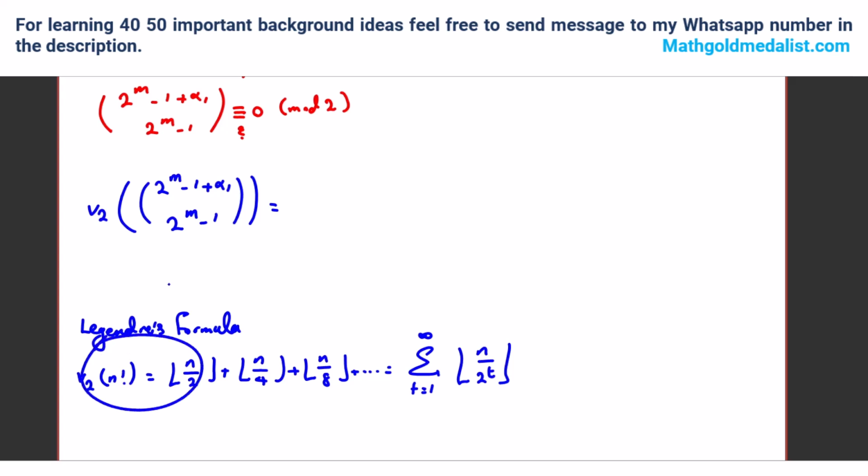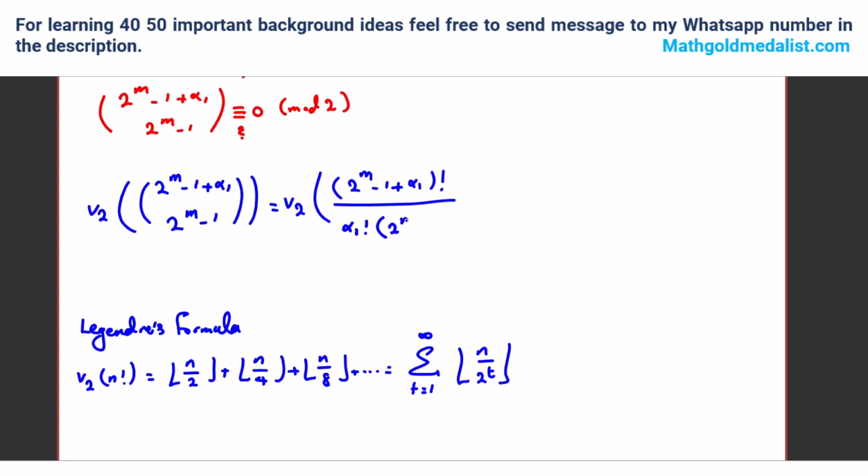Now we want to use this here. So let's write it first as factorials. It is what factorial over what factorial, what factorial? 2 raised to m minus 1 plus alpha 1 factorial over alpha 1 factorial times 2 raised to m minus 1 factorial. Yes. Now do you agree that by using this we can say it is what?